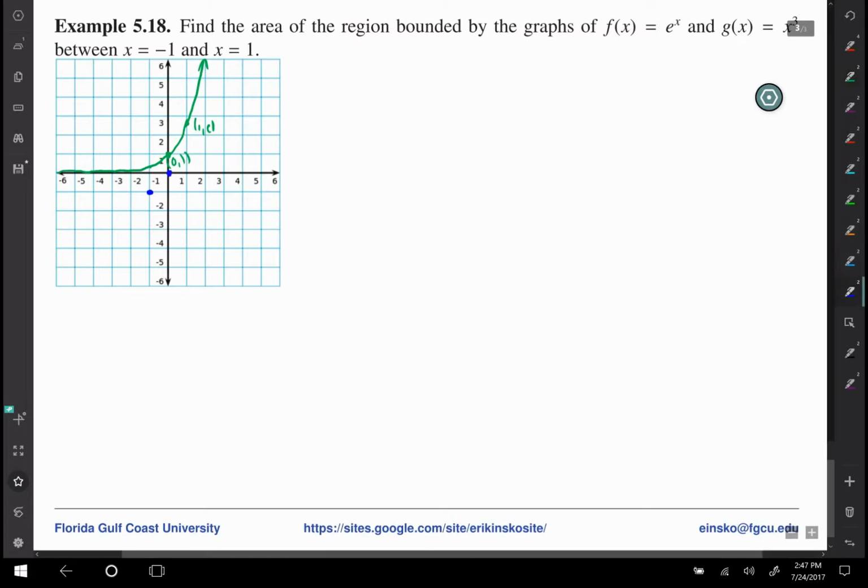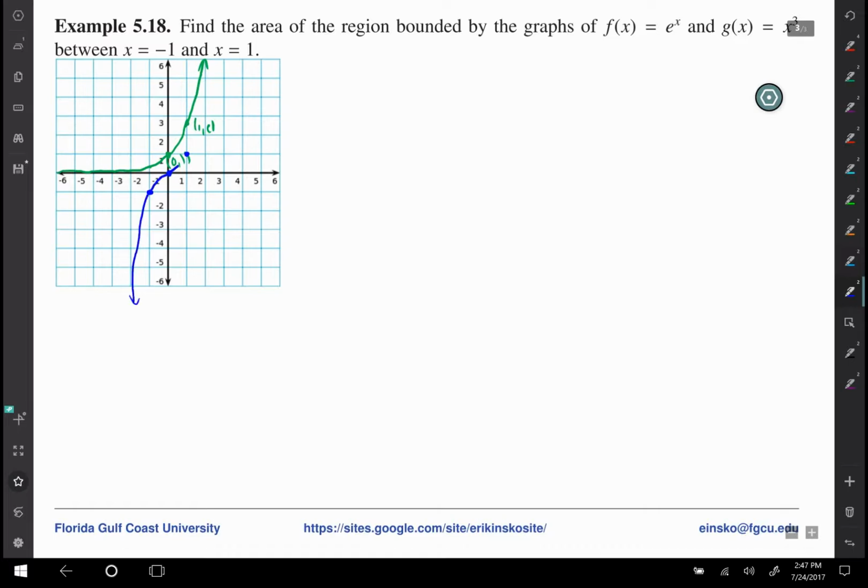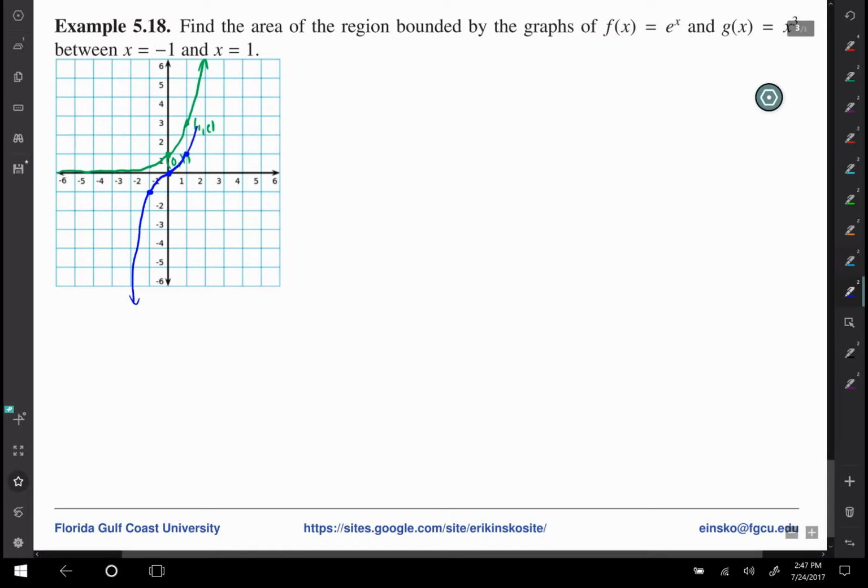It goes through -1, -1, 0, 0, 1, 1, 2 comma 8, and so on. Let's see, -2, -8. So it grows really quickly, kind of tapers off for a little while, and then starts growing really quickly again. And what we're interested in is the area between -1 and +1.